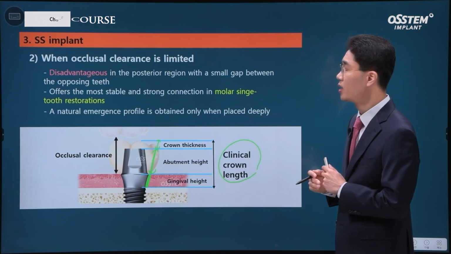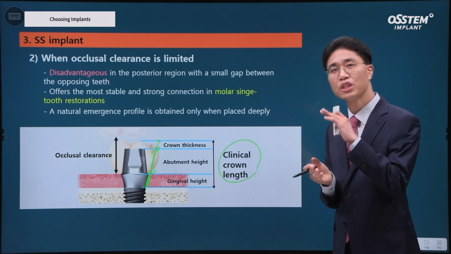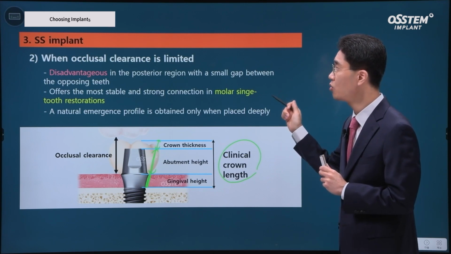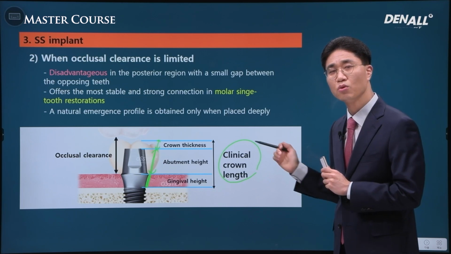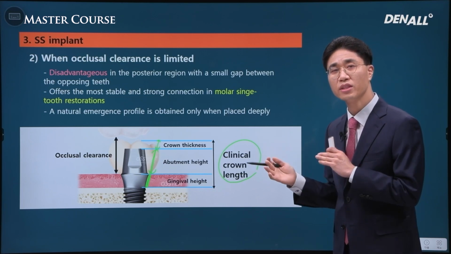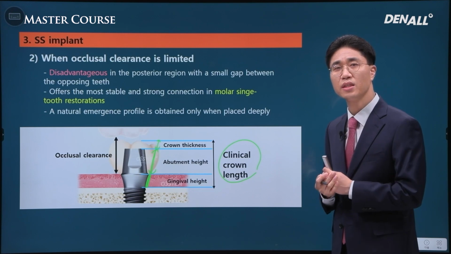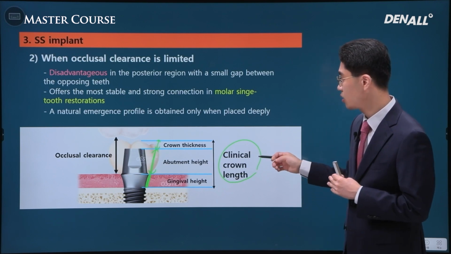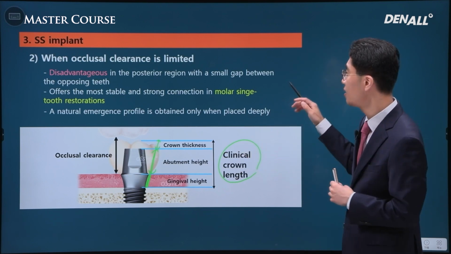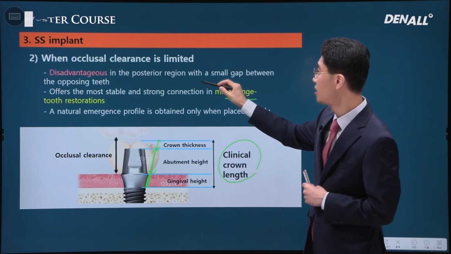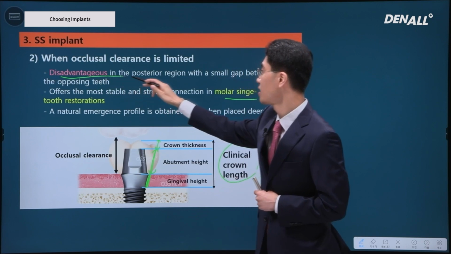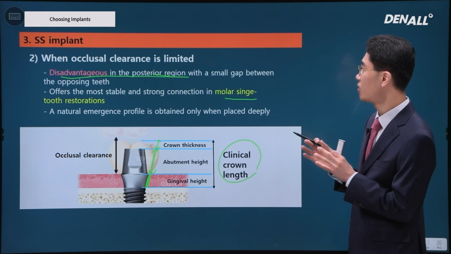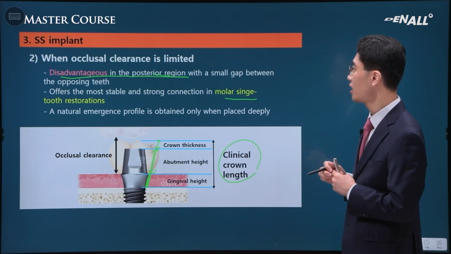What is important is that if there's lack of clearance with the antagonist in the lower posterior area, then in the case of SS implant, which is dedicated for one-stage surgery, there can be some difficulty. This problem is not impossible to overcome, but compared with bone-level implants, if there's lack of occlusal clearance with the antagonist, it can be quite disadvantageous, especially in the posterior region. We need to choose the right implant depending on different situations.